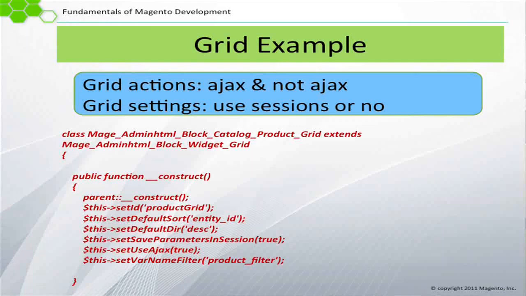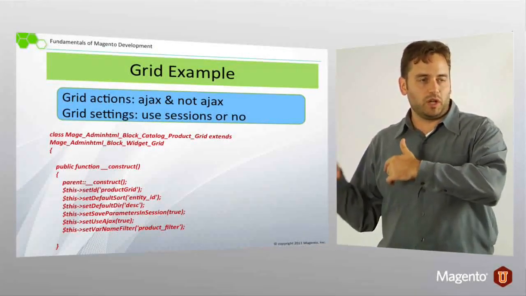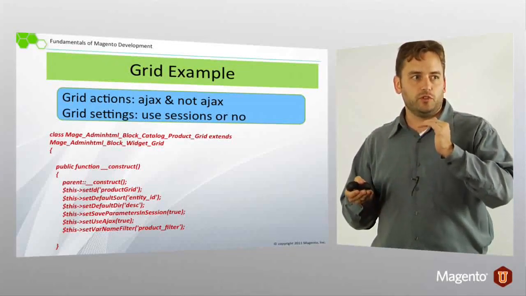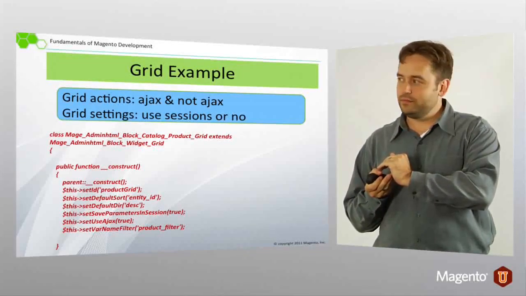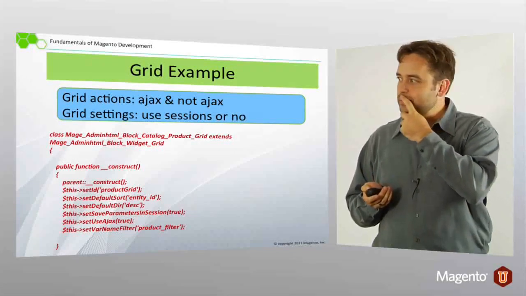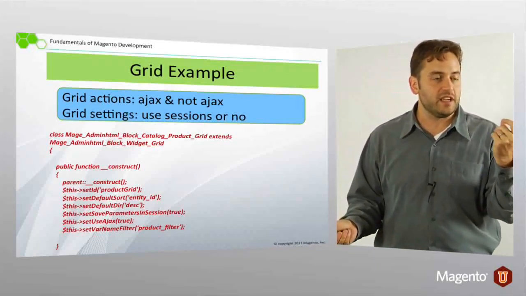For here, we'd have to have another action so that we could return, because what's going to happen is as we work with the grid, when we post, we don't want to get the entire content back. We only want just that block. We'll look at what that looks like. That would require another action, but it's easy.